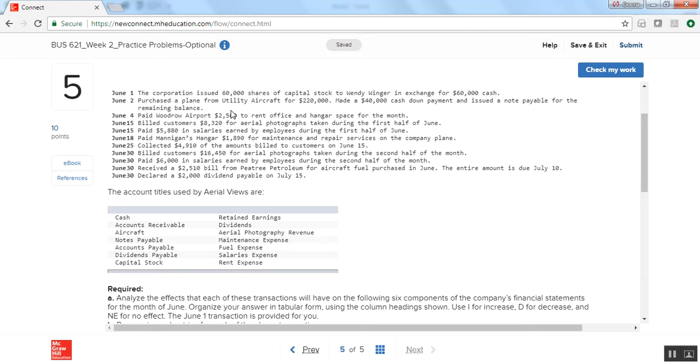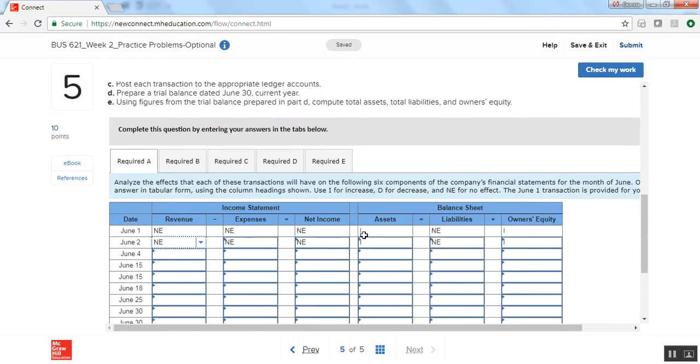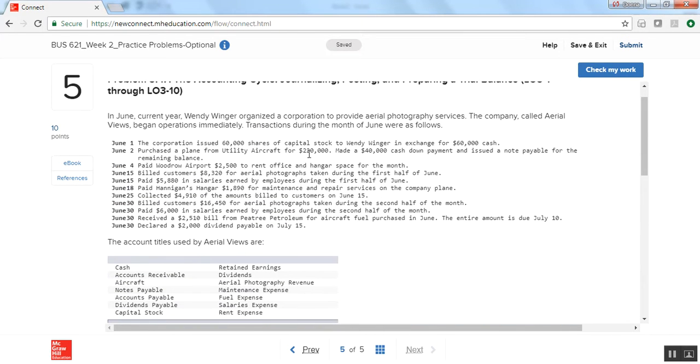We paid $40,000 in cash, so cash is going to go down, which is also an asset. And then we issued a note payable. A note payable is a liability, and that is increasing by the difference. So 220,000 minus 40,000 is 180,000. So let's look at the impact here. Our assets are going to go up by 220,000 for equipment.